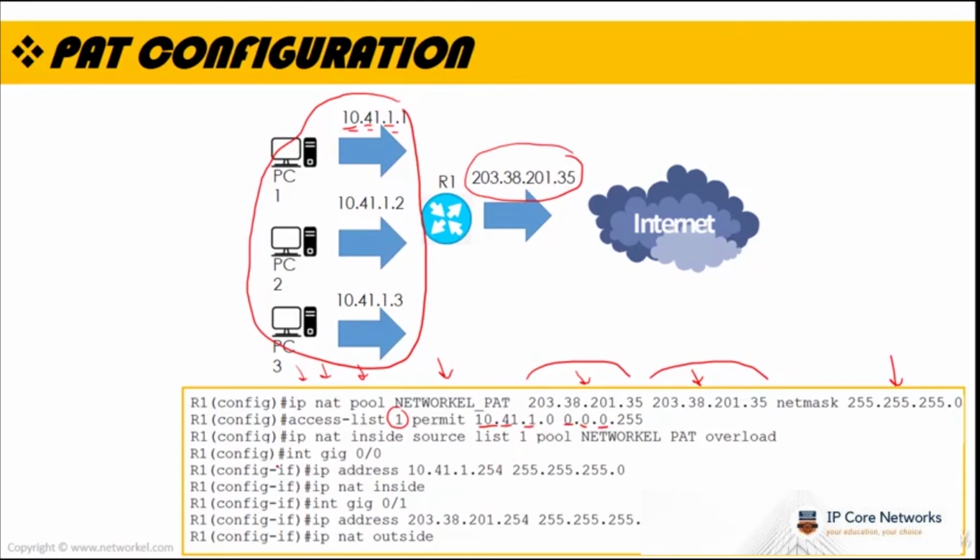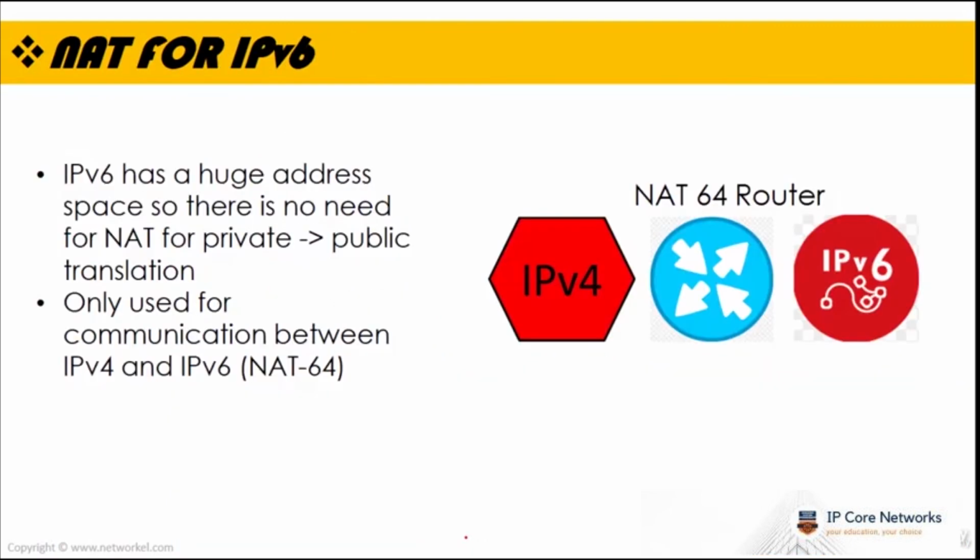Alright, then I'm typing ip nat inside source list, ACL number, pool, my pool name, and I'm using the overload keyword. Okay, that's the key difference. Then I'm getting into the interface modes, and I'm typing the ip nat inside and outside statements again.